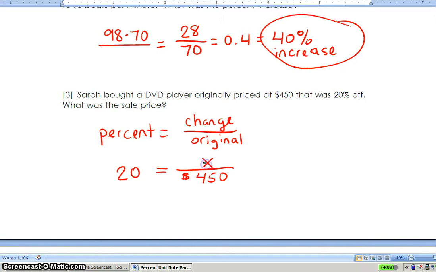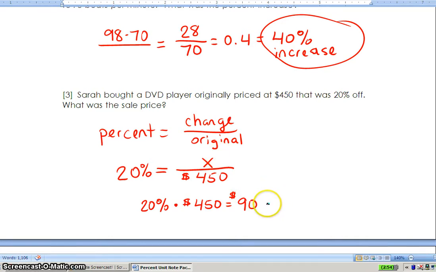So we're finding this. Okay, so here's the tricky part: we needed to do $450 times the 20%. So the way we solve this is 20% times $450. Plug it in the calculator, 20% times 450. That gives us $90. Now, what is $90? $90 is the amount it changed.